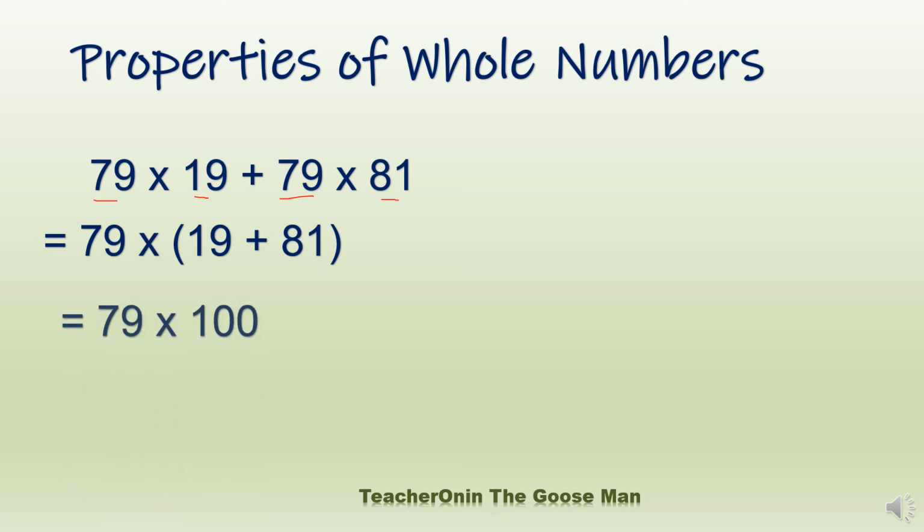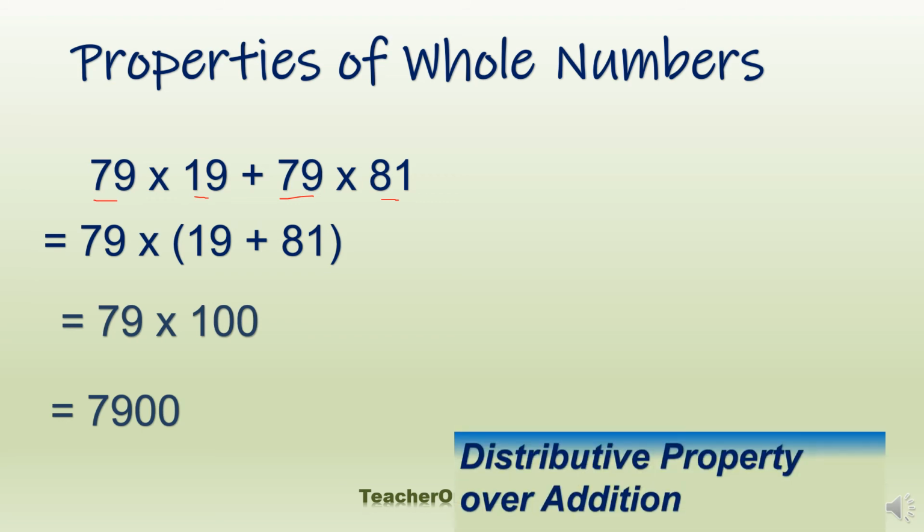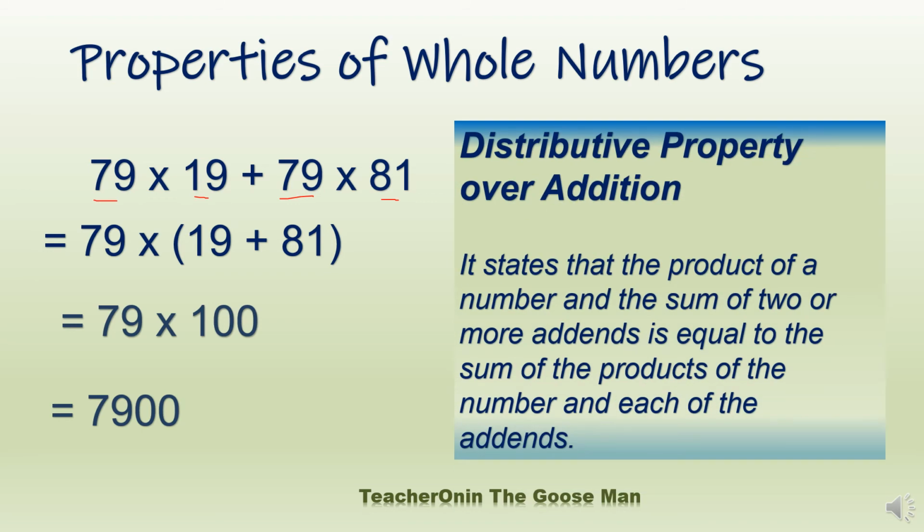So 79 times 100 is equal to 7,900. So that is why I can solve this one mentally. From this example, we can say this is actually distributive property over addition. Again, it states that the product of a number and the sum of two or more addends is equal to the sum of the products of a number and each of the addends.